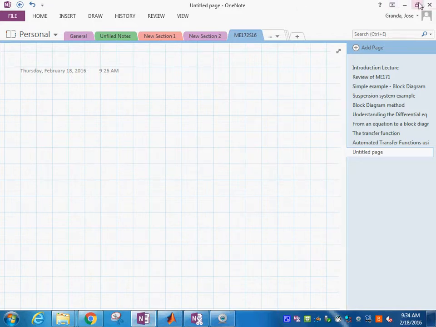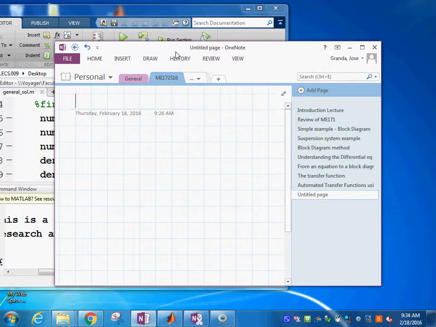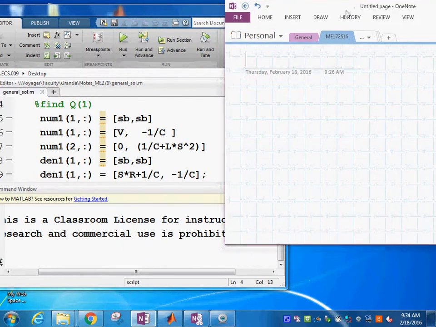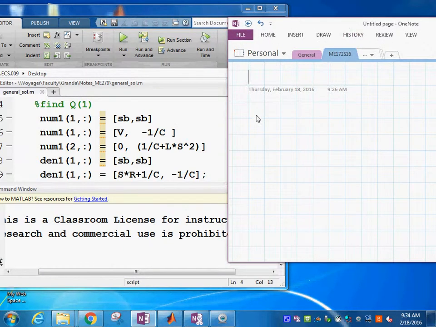So let's put a title to this. We're going to say transfer function by matrix inversion. Okay, so here's the matrix that we start.